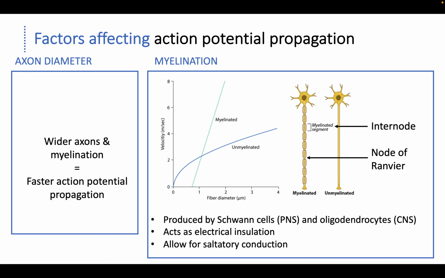At each node of Ranvier, you have sodium and potassium channels, right? However, where the myelin is wrapped around the axon, you don't, right?